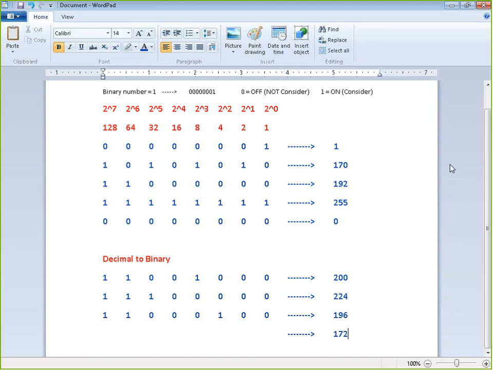Okay, what you have got is 1 0 1 0 1 1 0 0. Let's check it. 128 plus 32 becomes 160, 168 and 4 is 172. That's absolutely right. So this is the binary value for 172.